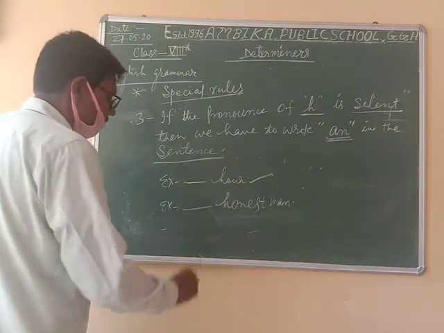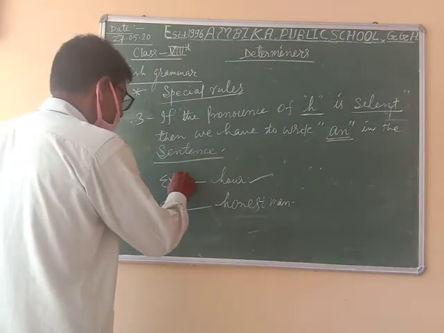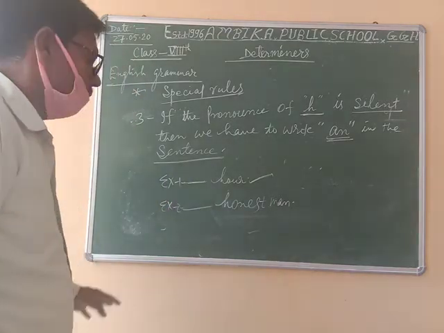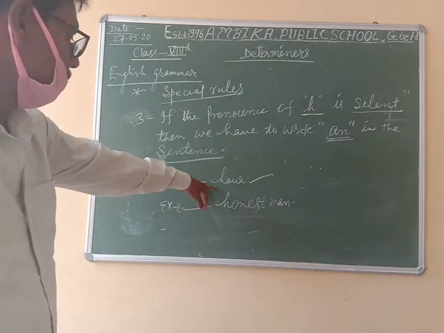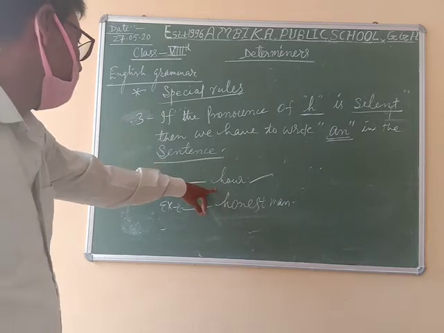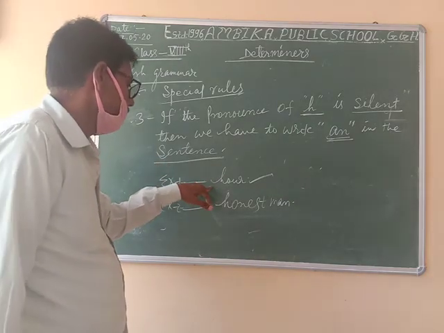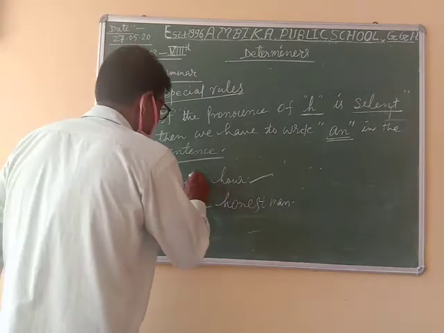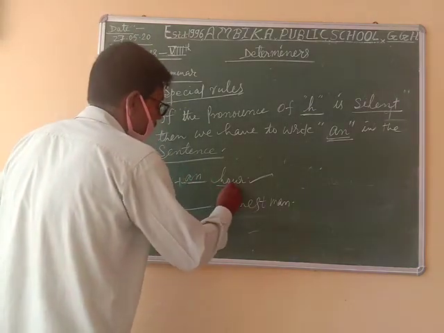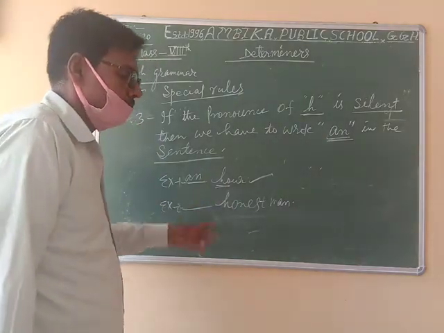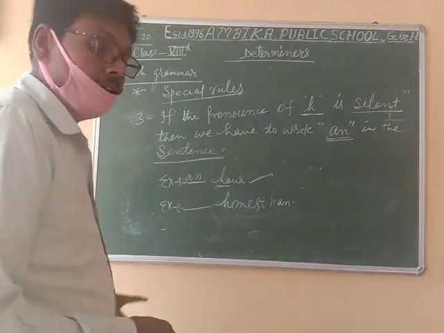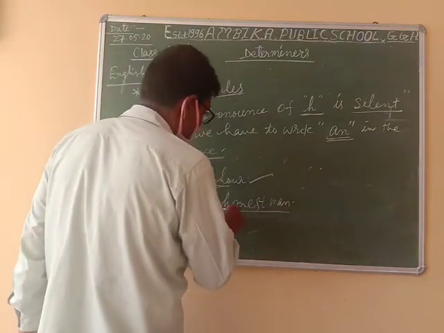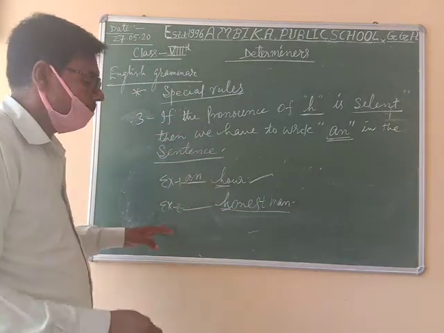This is second example, number 1. Example number 2. So in this circumstances we have to apply an article in the sentence. So answer will be an hour because the pronouns of H is aspirated here. And number 2, honest man, and this is also aspirated.